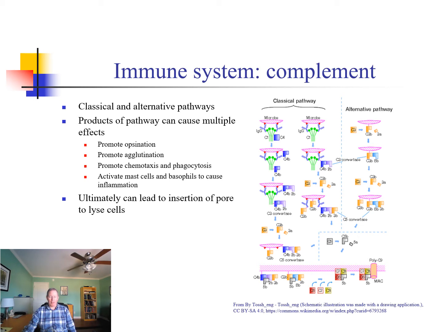For this purpose, and this is a beautiful process, I'm not going to talk about the details of which binds with which, but what I want you to see is that the binding causes various reactions, and you get components that come off, like this 3A component. These are sometimes generically referred to as cytokines. They have other effects that lead to inflammation, that lead to the recruitment of other immune cells to the location. And that's part of how they promote this chemotaxis and this phagocytosis.